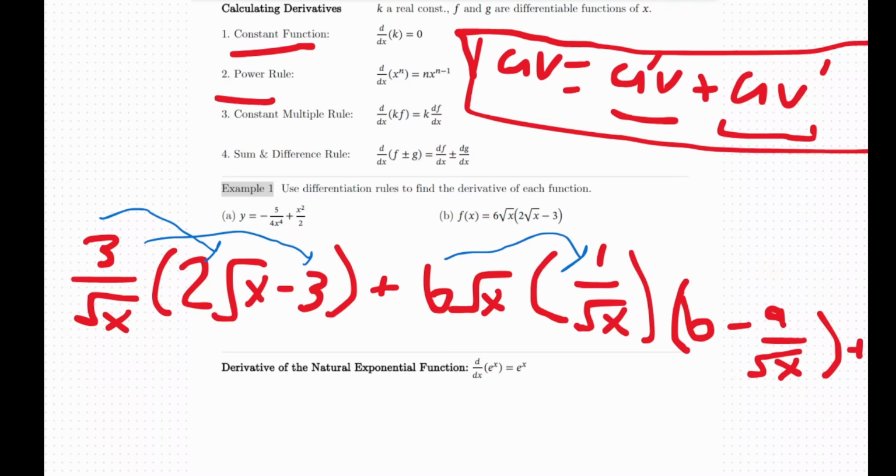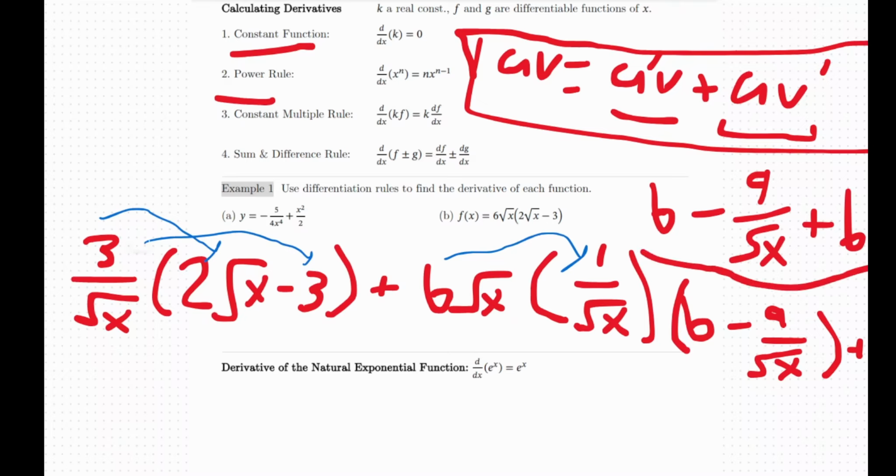and then we have 6 radical x over radical x. So we have 6 radical x over radical x, and essentially you're going to want to cancel that out, and you're left with plus 6. Essentially, if you just want to remove those parentheses and simplify, it's this plus 6.